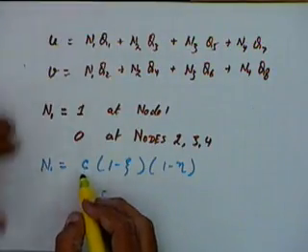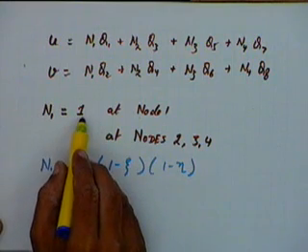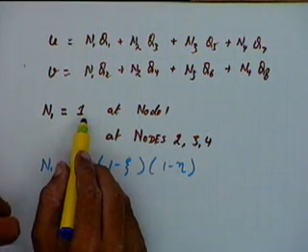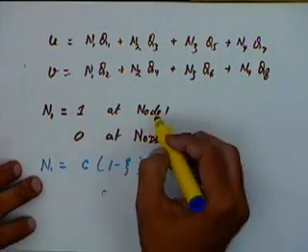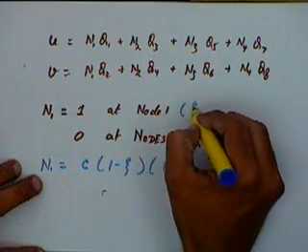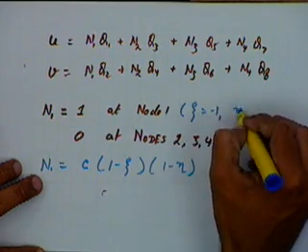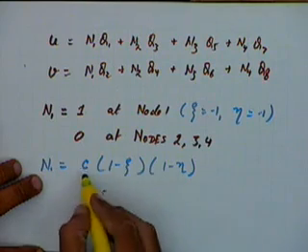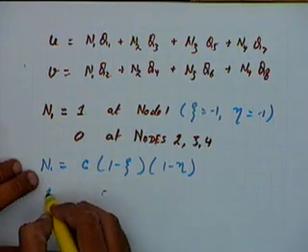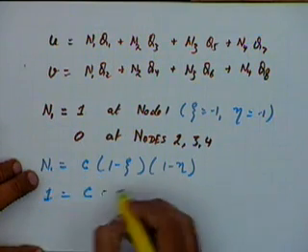Okay, and to get this value of C, we will again use the fact that at node 1 n1 has to be equal to 1. If n1 has to be 1 at this node, that means at this node zeta is equal to minus 1 and eta is equal to minus 1. So we will put these values over here. We will get 1 will be equal to C multiplied by 2 into 2, which is 4.